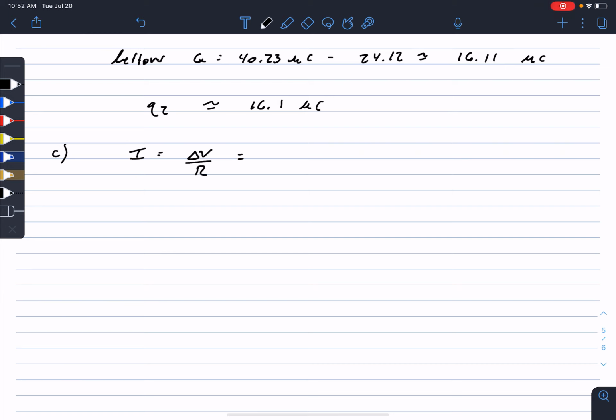The potential of the system that we just found was left over after the switch closed, 8.04 volts over 500 ohms. This gives you a value of 0.01608 amps, or we could call that 16.08 milliamps, or 16.1 milliamps.